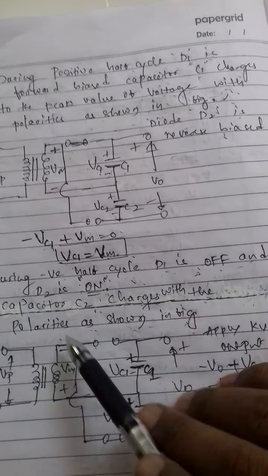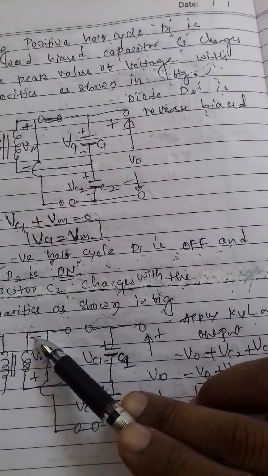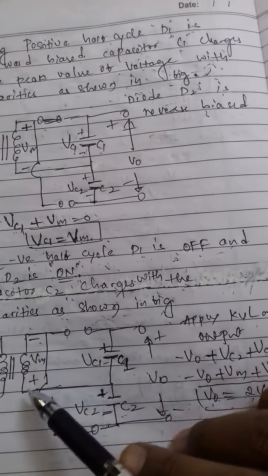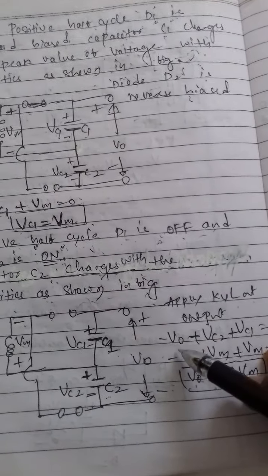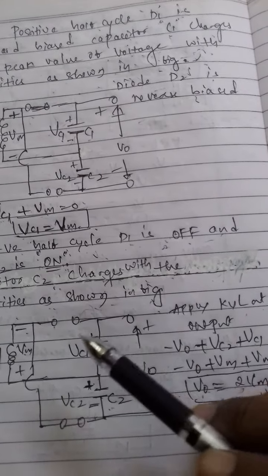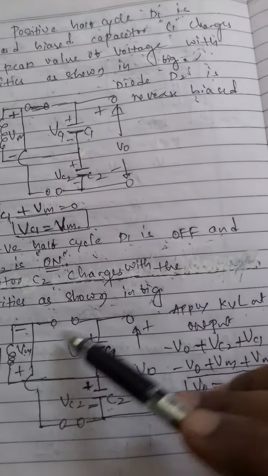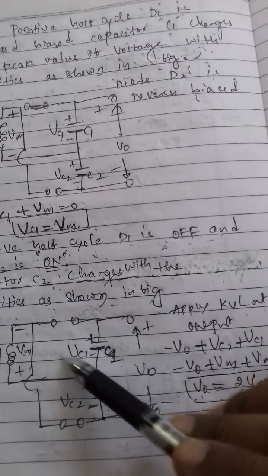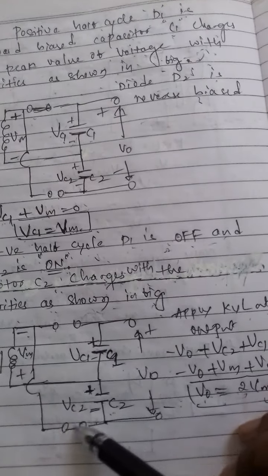Since diode D1 is open circuited, it will not be a closed path there, but this one forms a closed path.